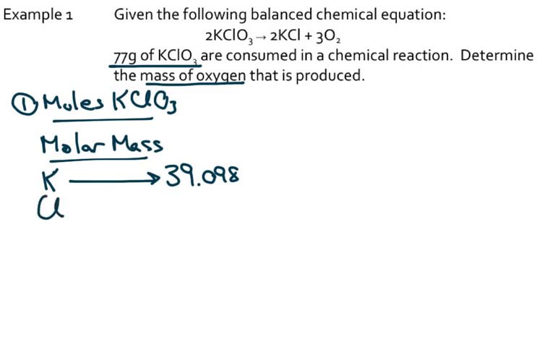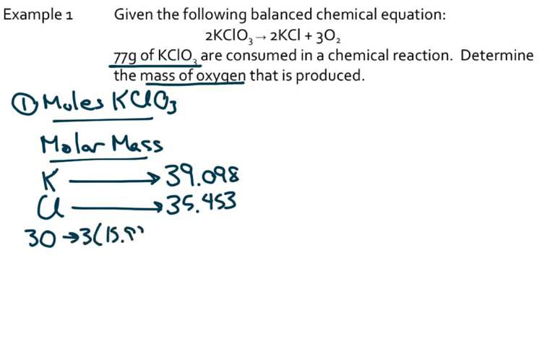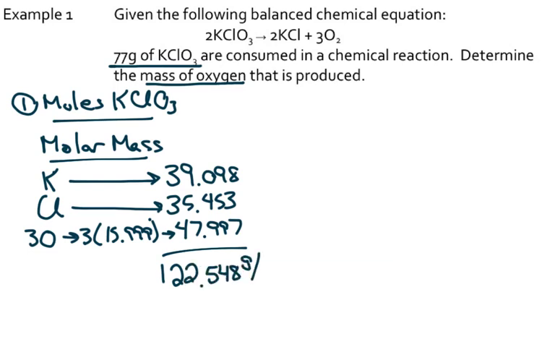We have a single chlorine, which weighs 35.453 grams per mole. And we have 3 oxygens, each of those oxygens weighing 15.999 grams per mole, totaling up to 47.997. Adding those all together gives us a molar mass of 122.548 grams per mole.